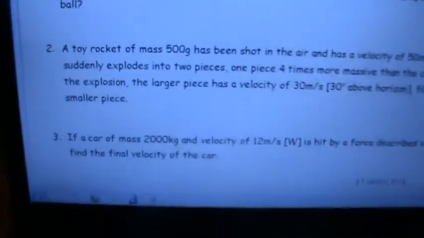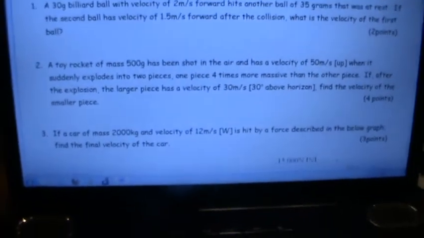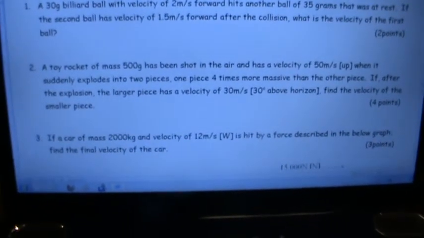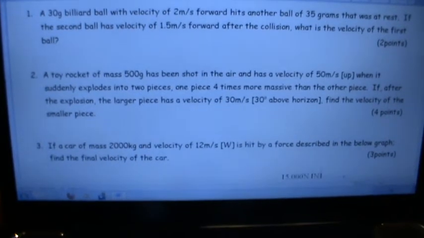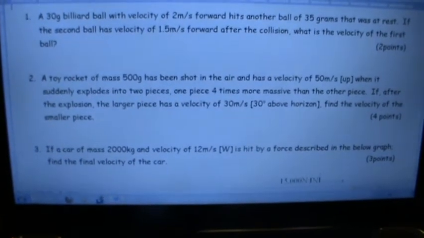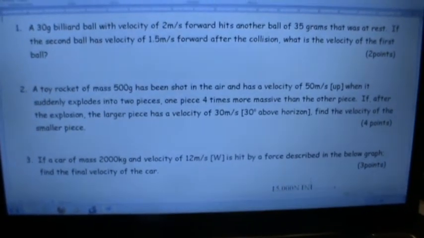Now we'll move on. Here it says a toy rocket. Let me just zoom out a little bit. There we go. This is a toy rocket of mass 500. You can just kind of read that there. You can press pause and make sure you've got it. 500 grams has been shot in the air and has a velocity of 50 meters per second up.